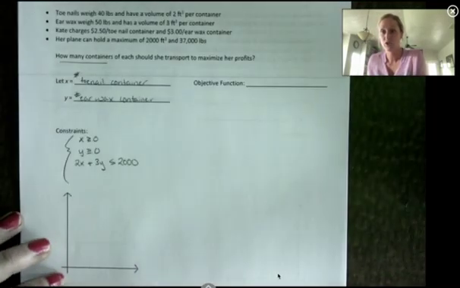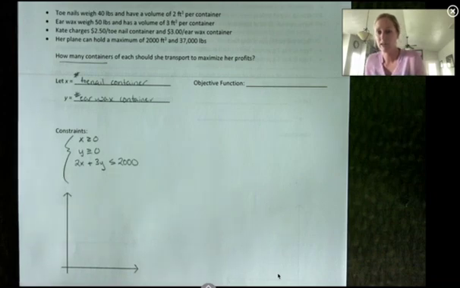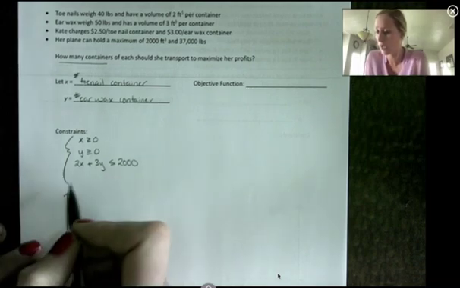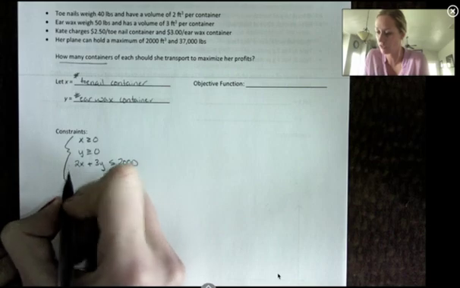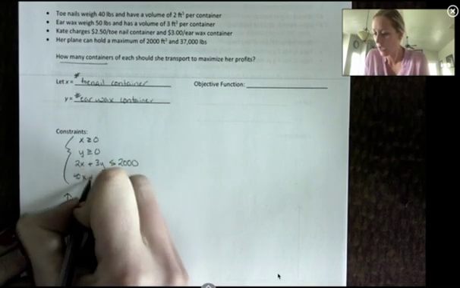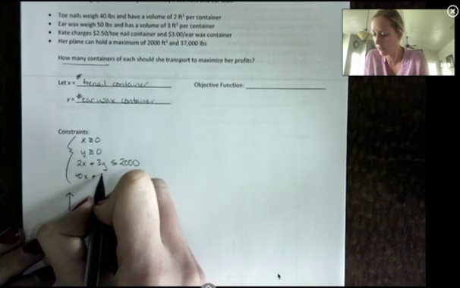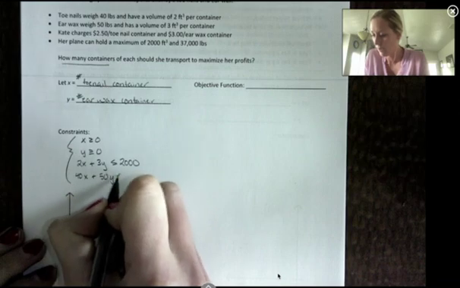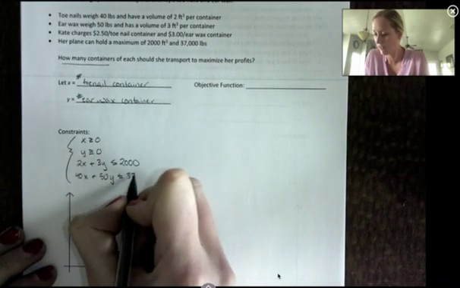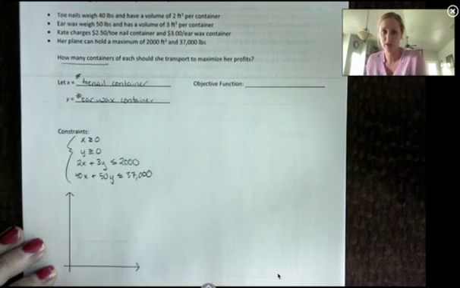So that is a constraint. I cannot go over the 2,000 cubic feet. Now, the 37,000 is talking about weight in pounds, so I cannot exceed that. The weight per container for toenails is 40 pounds, and for earwax is 50 pounds. And I must stay underneath that 37,000 pound constraint on the cargo.